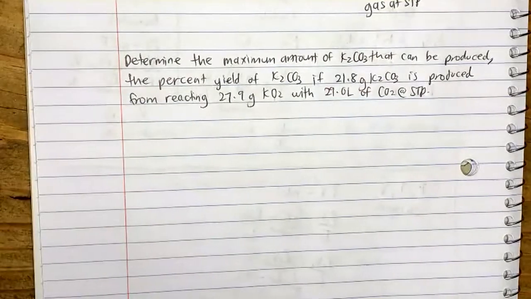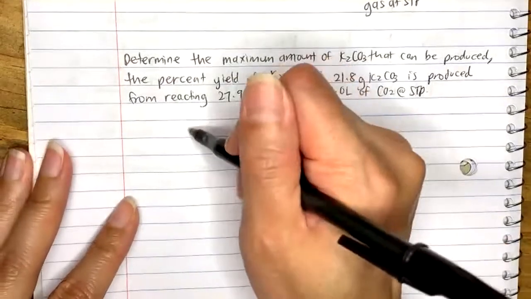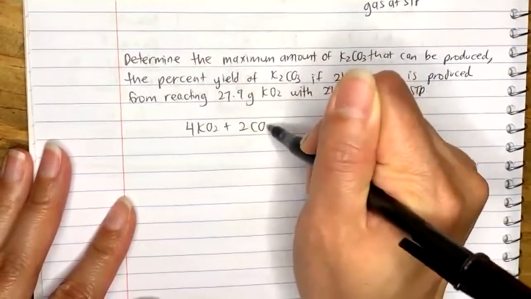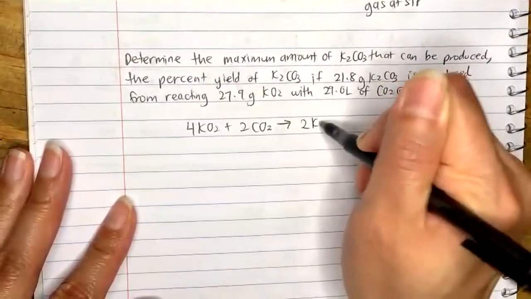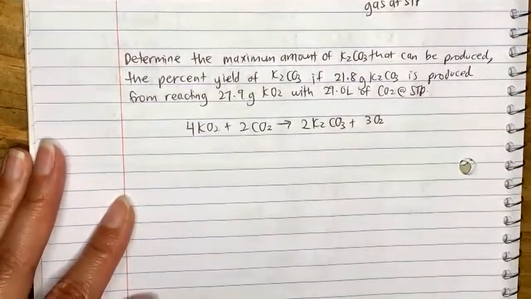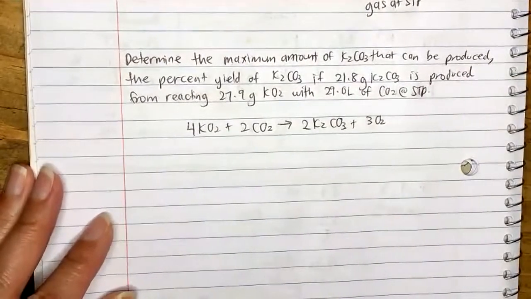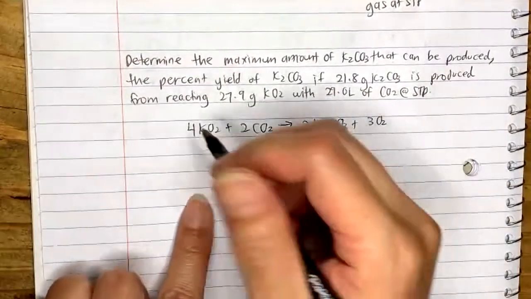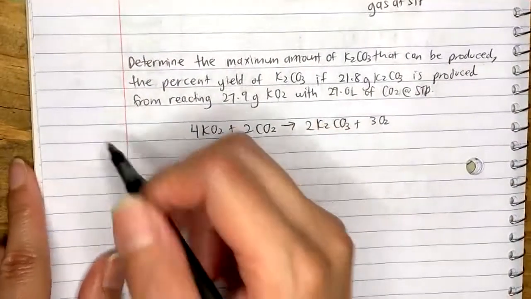Okay, I'll go ahead and give you the equation: 4 KO2 plus 2 CO2 equals 2 K2CO3 plus 3 O2. And then we'll give you the molar masses for each one of these. I'll write on the side.